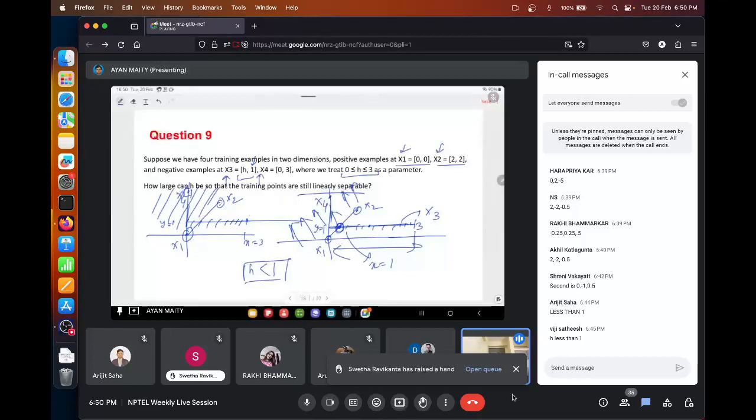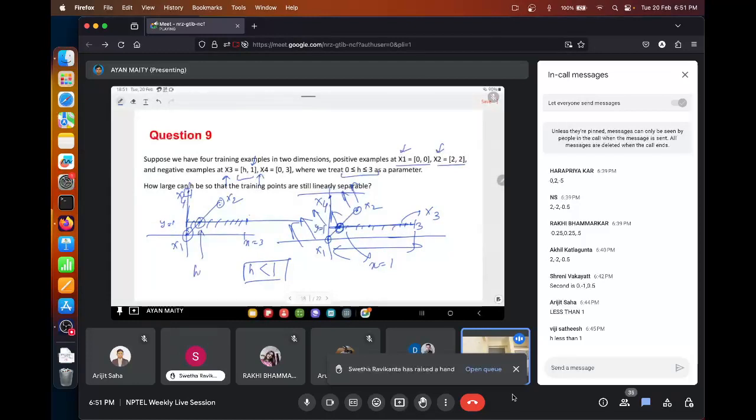then x3 and x4, these two negative points, are linearly separable from x1 and x2. If x3 is here or x3 is here, then x4 and x3, these two negative points cannot be separated from x1 and x2 linearly. So x3 has to be in this region, that is the upper left side of this line joining x1 and x2, and the maximum value that h can take in that region is here.